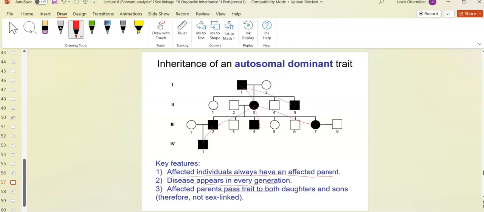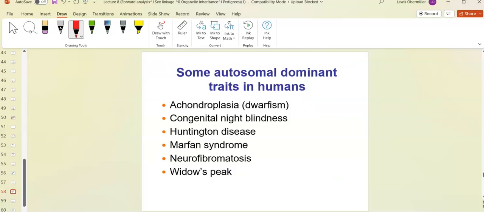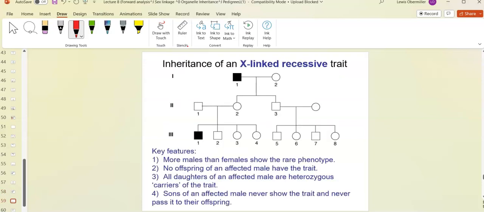And affected parents pass the trait equally to both sons and daughters. So, dominant traits: dwarfism, we talked about that. Night blindness, Huntington's disease, that's a dominant trait. Marfan syndrome, widow's peak, and so on.